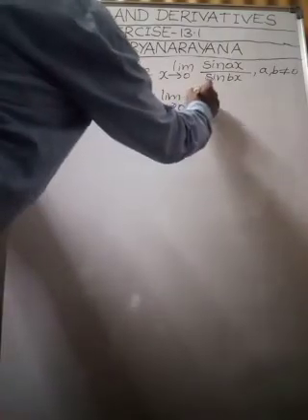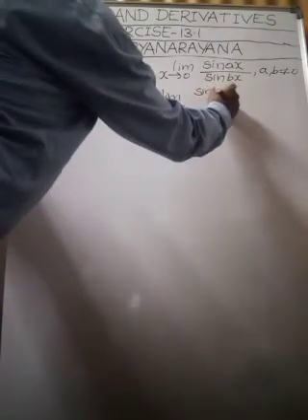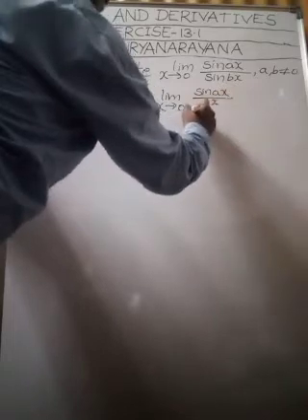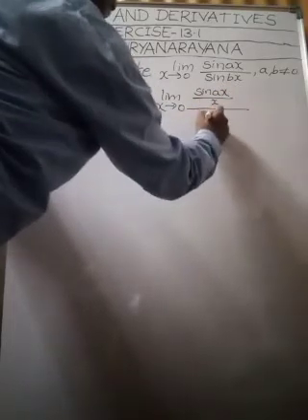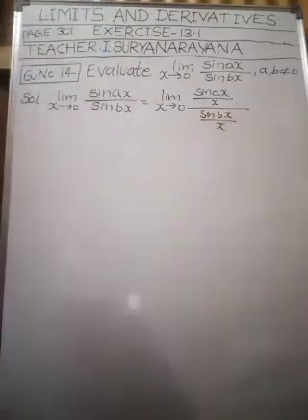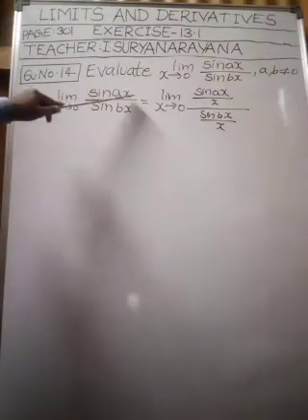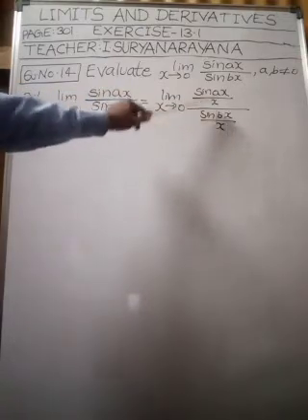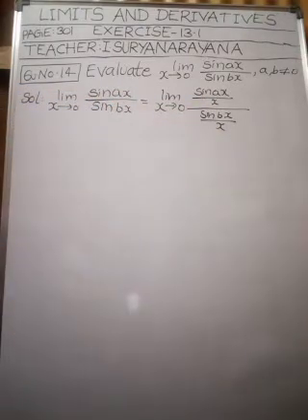Sin ax by x whole divided by sin bx by x. Here I divided the numerator and denominator by x. Understood this step, my children?